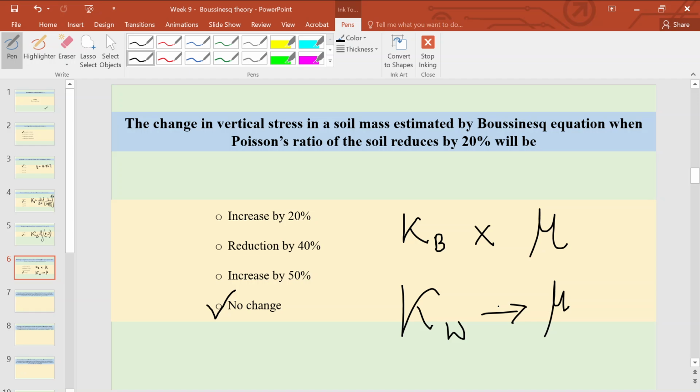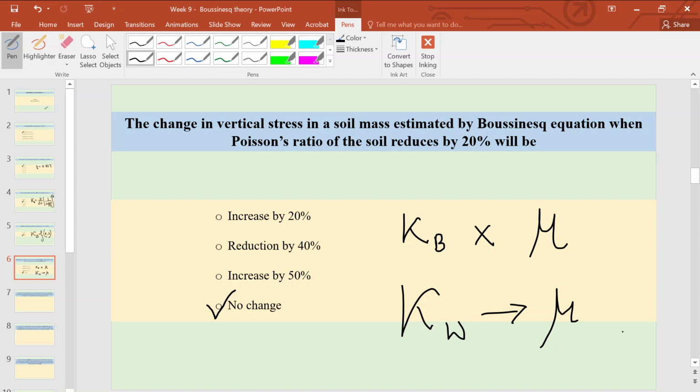If I have prepared some numericals, I will cover Westergaard there. In the Westergaard analysis, the influence factor depends on mu, the Poisson's ratio of the soil.